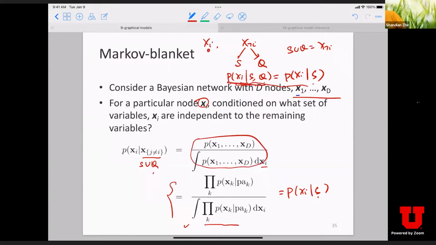This whole formula is just P of xi given S and Q. We're going to do some simplification and reduce it to P of xi given S. That means all those variables which are canceled out will be those Q that are conditionally independent of xi. Now, if you look at the numerator and the denominator, imagine what kind of terms will be canceled out.